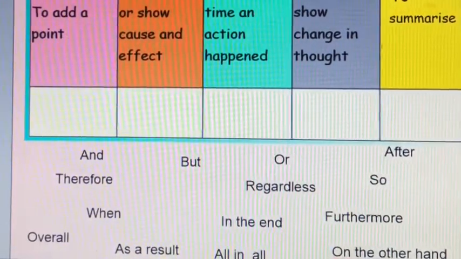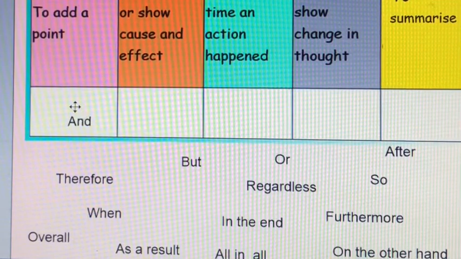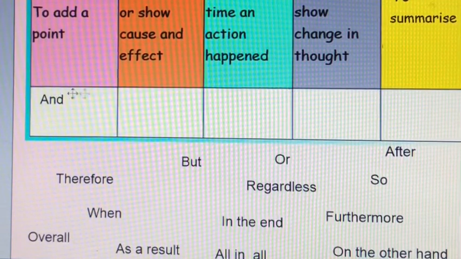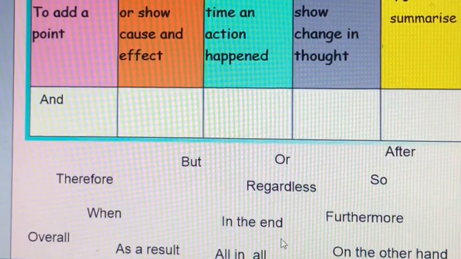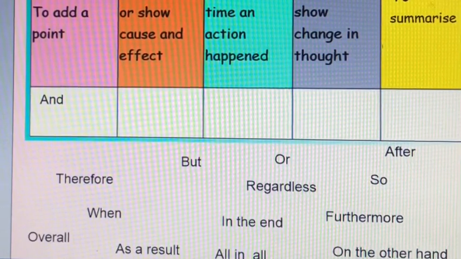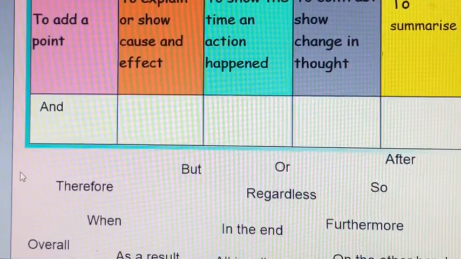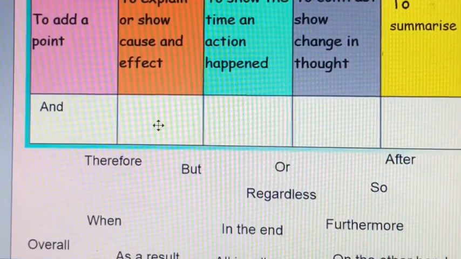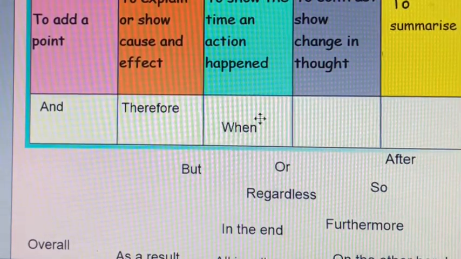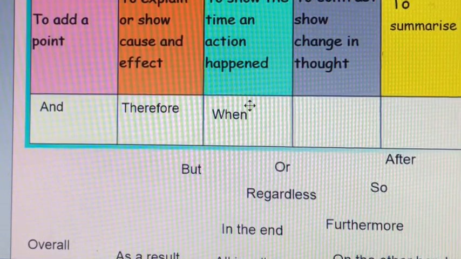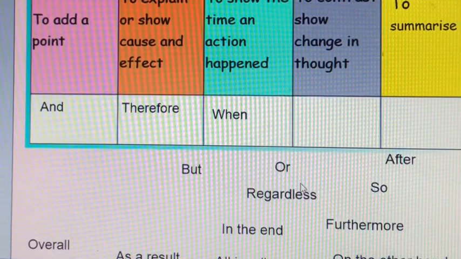Okay then, right, here we go. Let's have a go all together. So, and helps us to add additional points, as well as. Okay, therefore is a causal conjunction, when to show time, and we know that when is a subordinate conjunction as well.